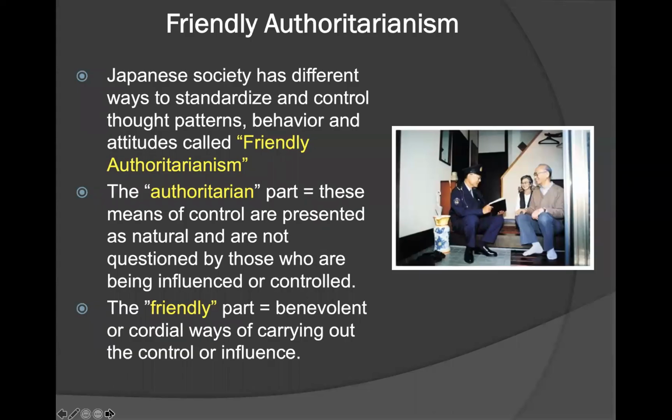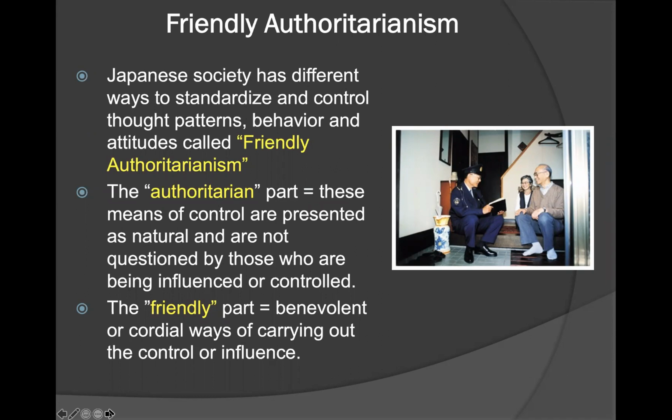The entire point of this chapter in Sugimoto's book is really to explain that Japanese society has different ways to standardize and control behavior as well as thought patterns and attitudes, and he has dubbed this type of control friendly authoritarianism.